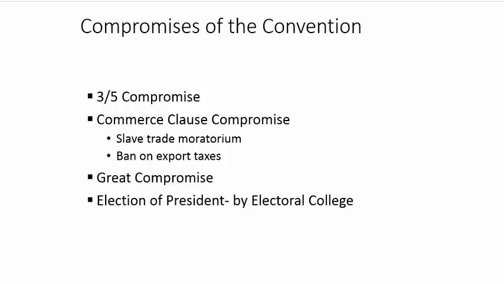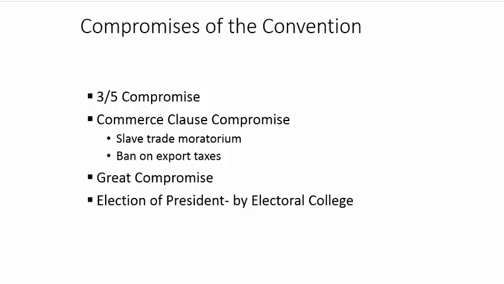The question of how many chambers to have and how they would be organized was settled by the Great Compromise, in which each state received equality in the Senate, electing 2 senators, but the House of Representatives would be chosen on the basis of population.